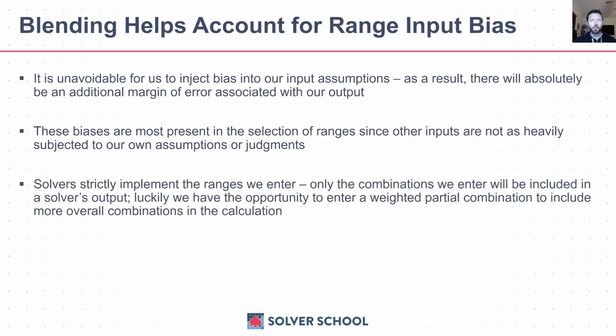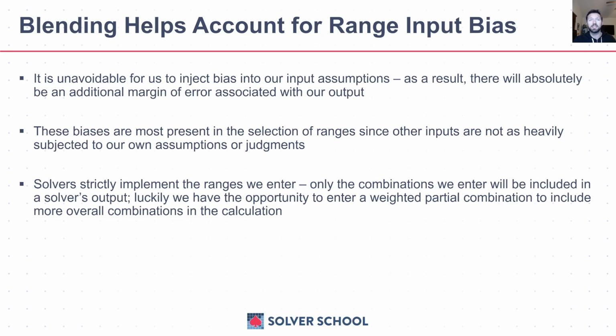Now, solvers are going to strictly implement the ranges that we enter, and only the combinations that we enter are going to be included in a solver's output. And this is important. How many times have you been playing in a live game and someone shows up with a hand that you have no idea they would have had in the first place? If you didn't put that in your solver, then the solver wouldn't account for that, even at a micro level.